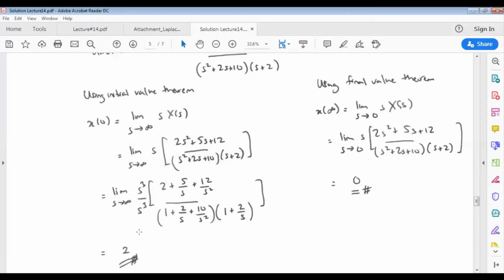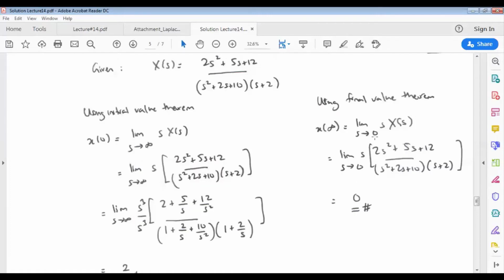So we can find the initial value of the time domain signal by applying the initial value theorem, which is simply the limit of s approaching infinity of s X(s). By calculating this limit, we find the initial value.